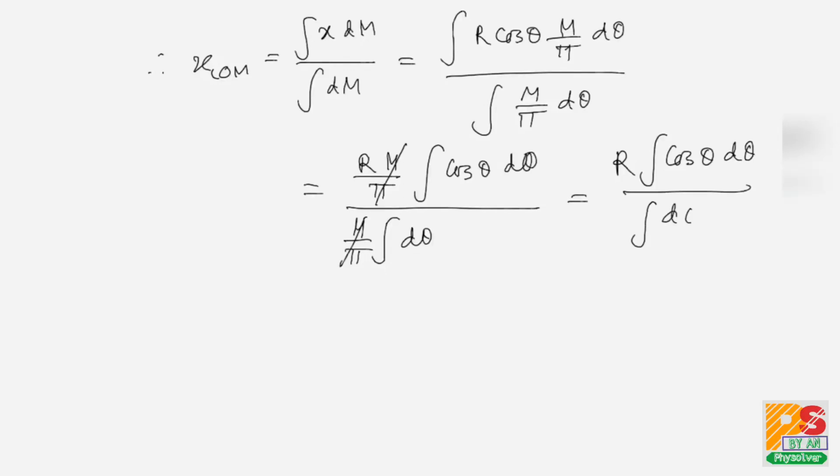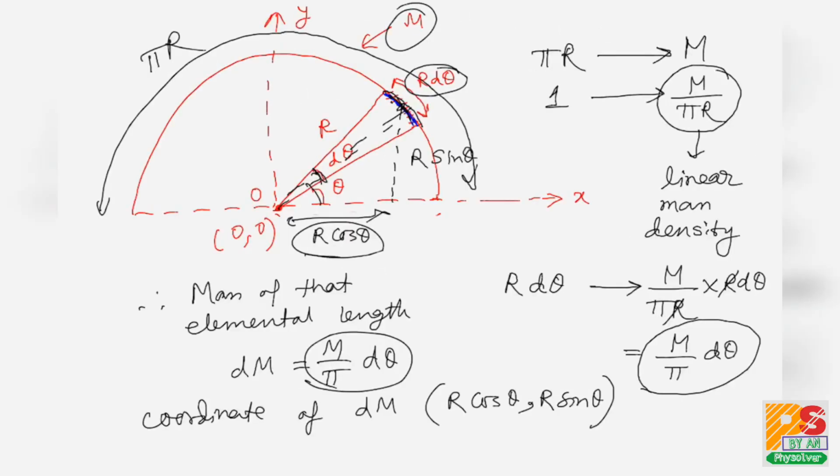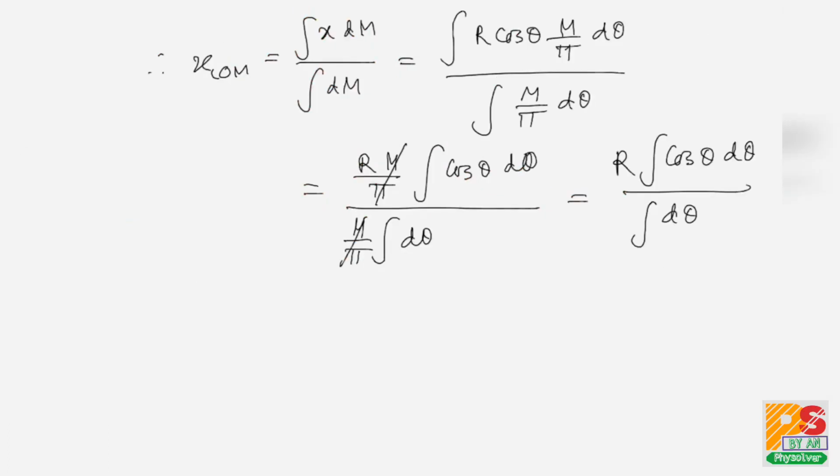Okay. Now what about the limit? See, the elemental ring can be from here to here, right or wrong? When the elemental ring is at this point, the angle is 0 degree, and when the elemental ring goes from this point to this point, the angle is pi. So the limit will be from 0 to pi.